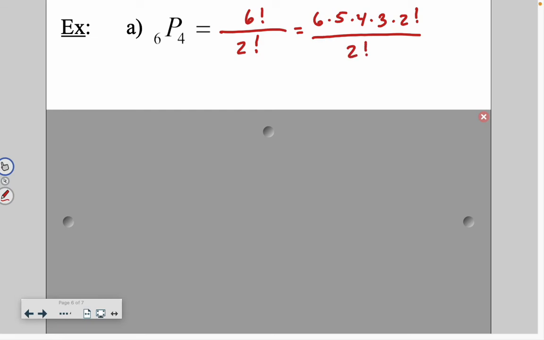At this point, once you work your way down to the other factorial, now we can cancel the rest. And really, it's just 6 times 5 times 4 times 3. Which, if you type that in, what do we get? Yeah, 360 is what you should get.